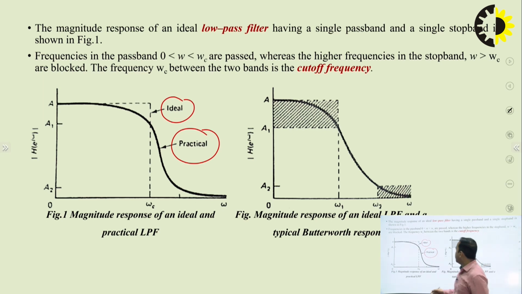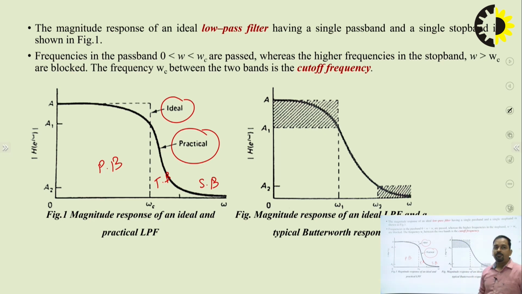So we can say that this particular range of frequencies which are allowed, where the gain is very high, is called as the pass band, whereas the range of frequencies which are blocked or attenuated are called as stop band, this particular band, and in between we have the transition band.